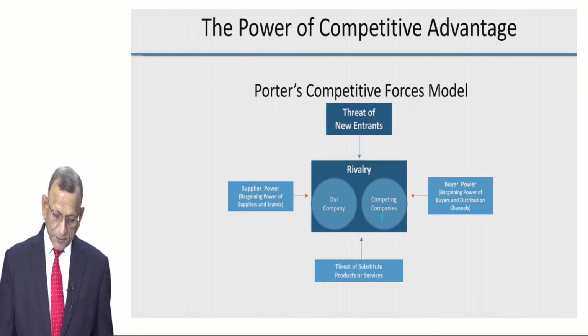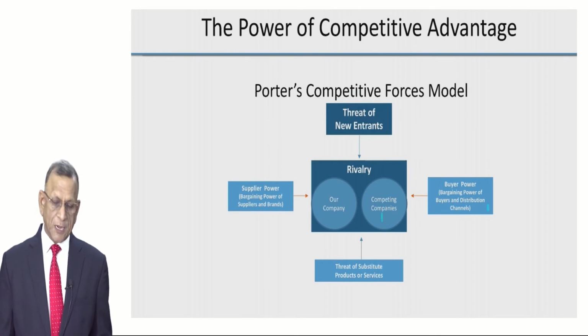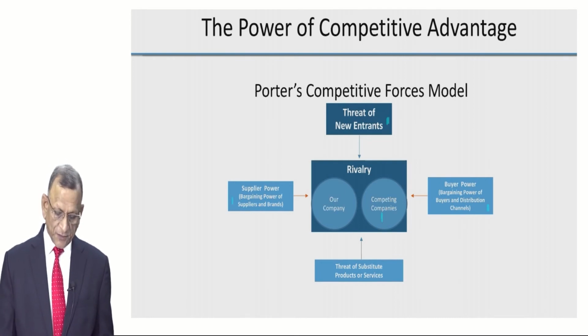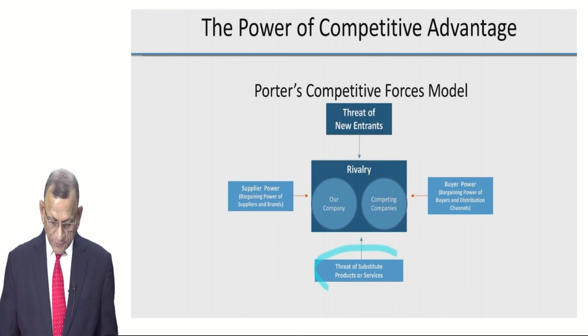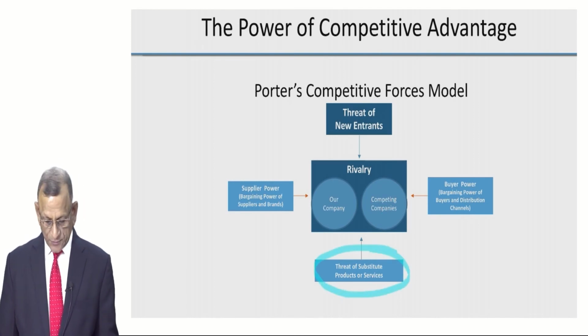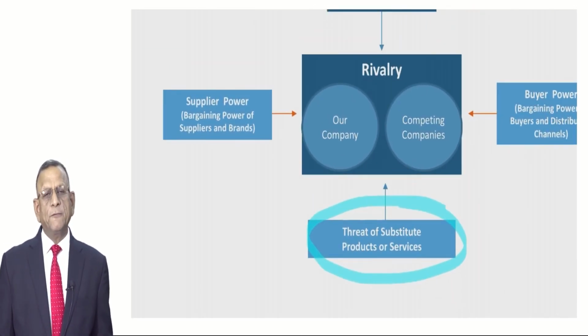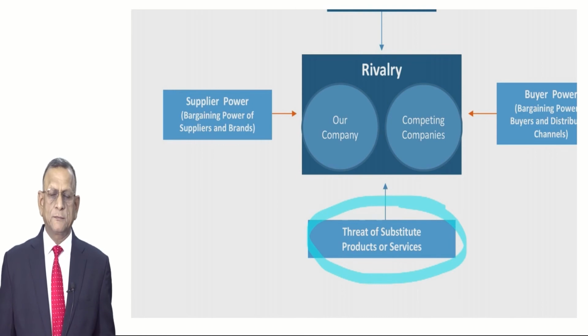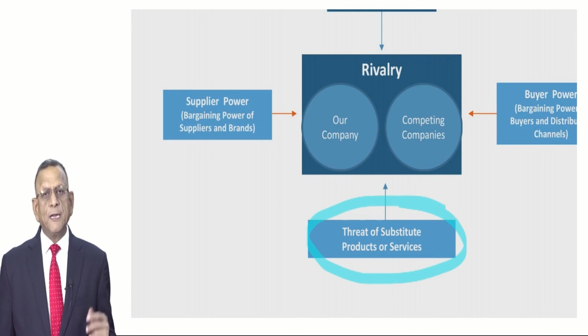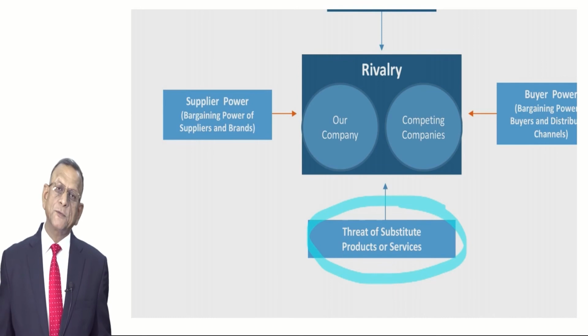So 1 competing companies, 2 buyers' power, 3 suppliers' power, 4 threat of new entrant, and finally we have threat of substitute products or services. You are selling something. Say you are offering Coke and you are demanding a high price. What are the substitutes?